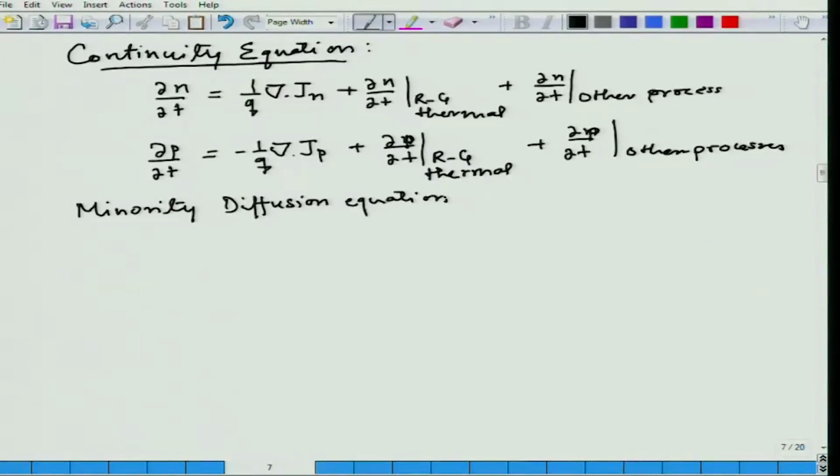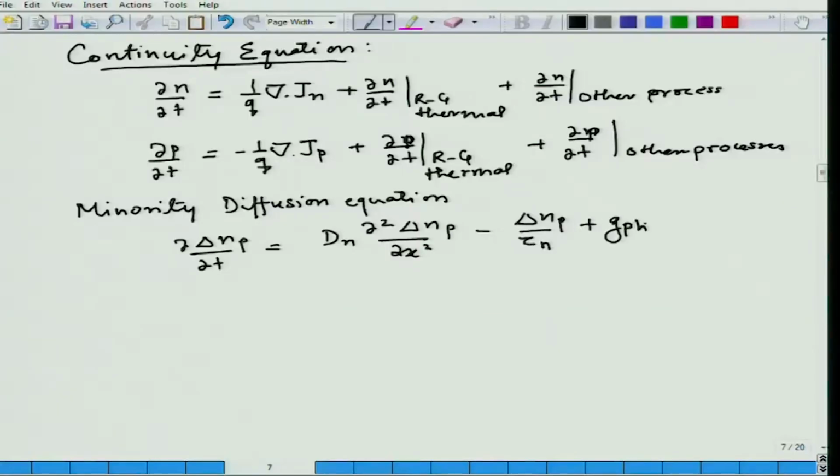In that approximation we showed that these two equations reduce to basically the excess carrier concentration being given by the second derivative of the excess carrier concentration, divided by the lifetime of the minority carrier, plus the photo generation.